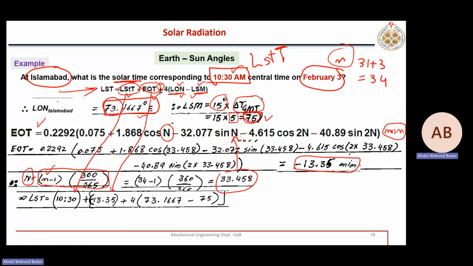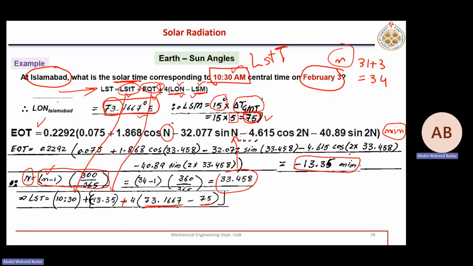East of Greenwich, so that's why plus 4 into, because 1 degree change in longitude corresponds to 4 minutes. In 4 minutes, the change in longitude is 1 degree. Okay, so that is the local longitude, and that is the local standard meridian.